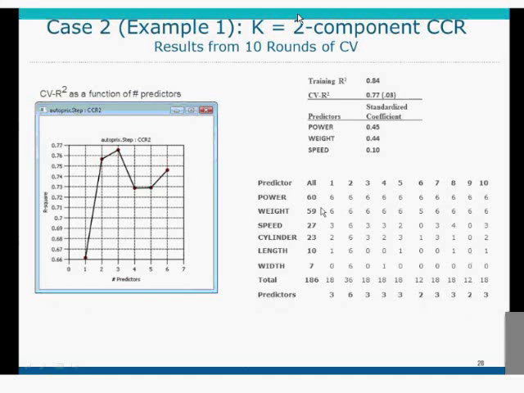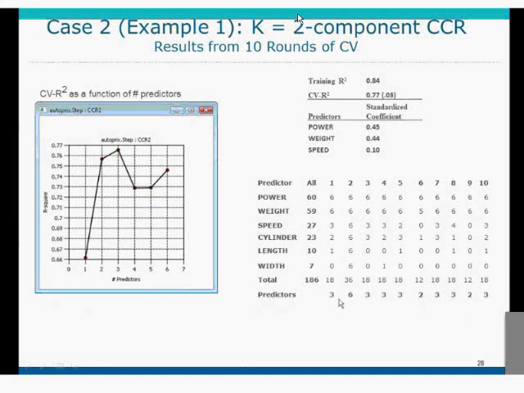Now here we also have additional output which keeps track of the 10 rounds of M-folds that were done. We see that in the first round, 3 predictors was optimal, then 6, 3, 3, 3, 2, 2.